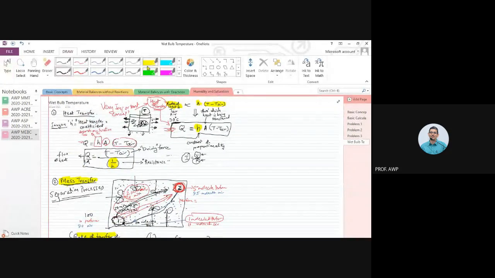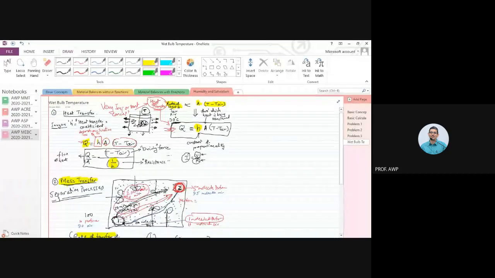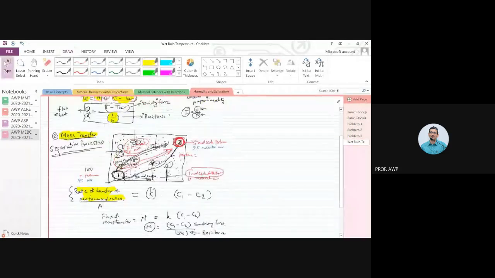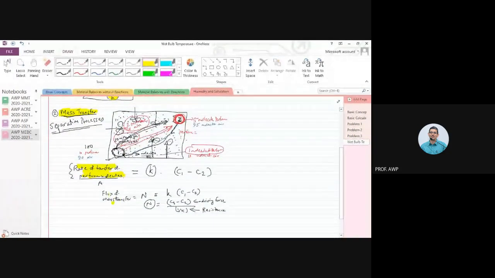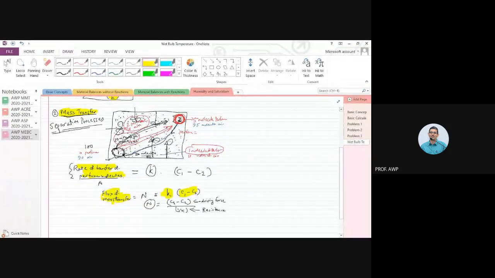The rate of heat transfer or flux of heat transfer, Q, is proportional to the heat transfer coefficient and the temperature driving force, and the rate of mass transfer is proportional to the concentration driving force, and the proportionality constant is the mass transfer coefficient.